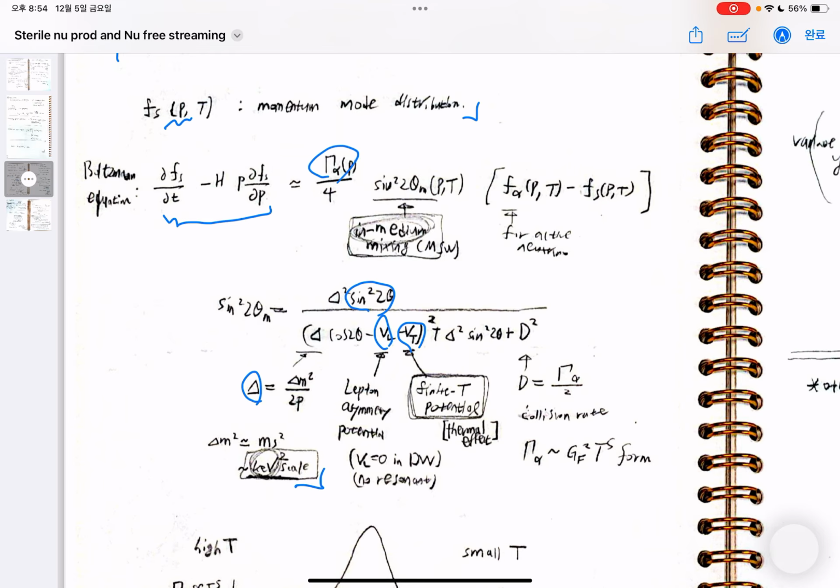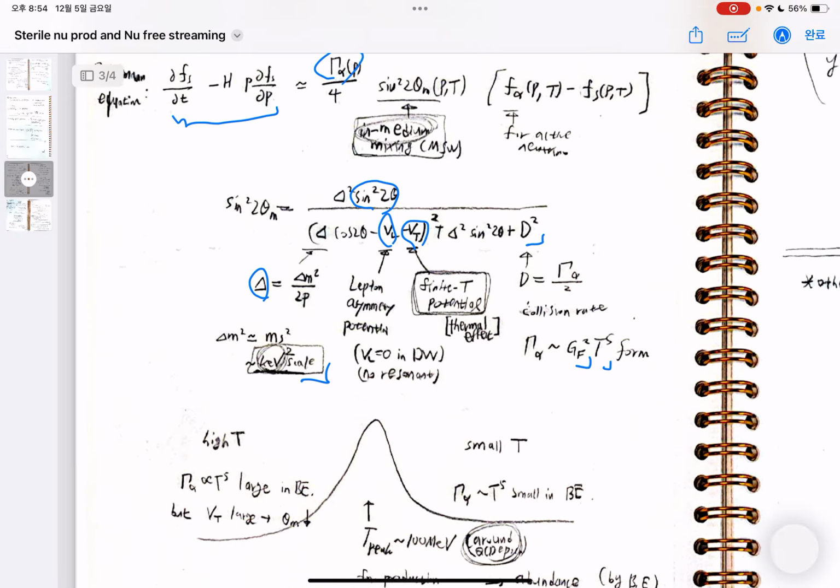Then there will be additional terms coming from the collisions, given by the decay term, and this decay rate is given by the Fermi constant G_F squared, and by dimensional analysis, T to the 5th power will be multiplied.